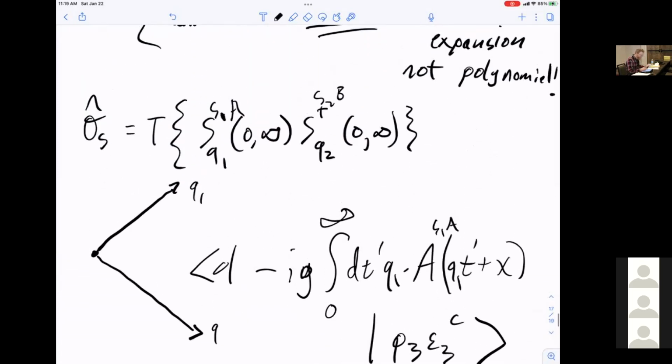Wonderful. And you can do a similar calculation with this S Q2, and you would find the exact same expression.